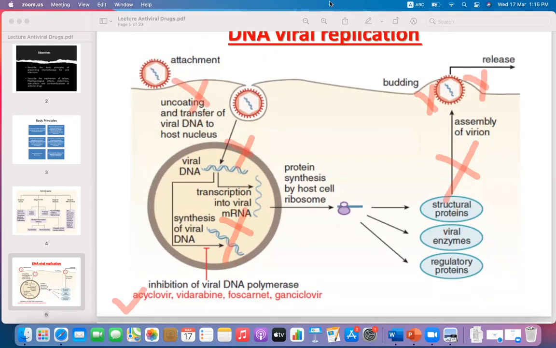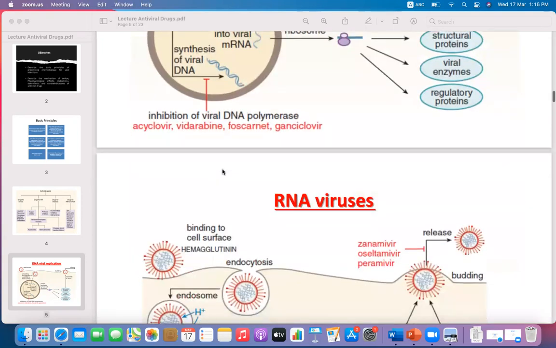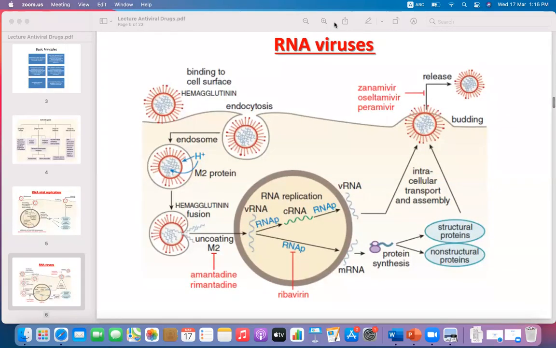For the RNA virus, the drug should interfere with or inhibit the endocytosis, then the binding of the M2 protein. Targets should include the M2 protein and uncoating, like amantadine and rimantadine, and the drug should interfere with the messenger RNA transcription and replication.